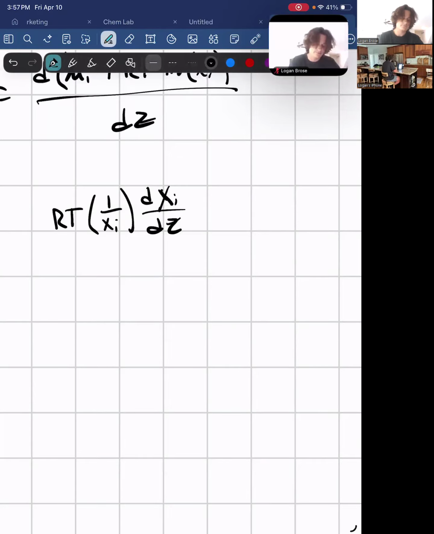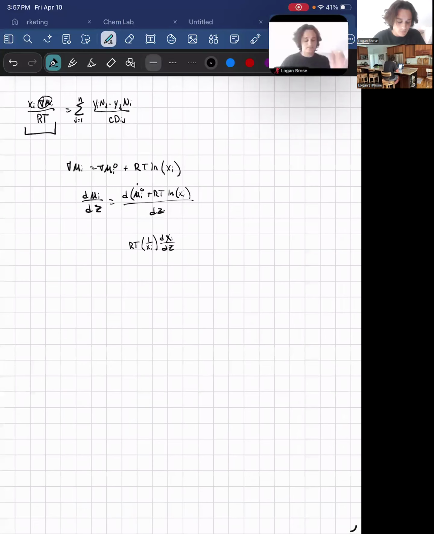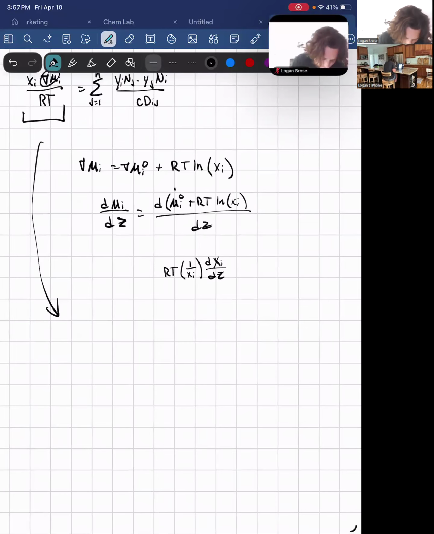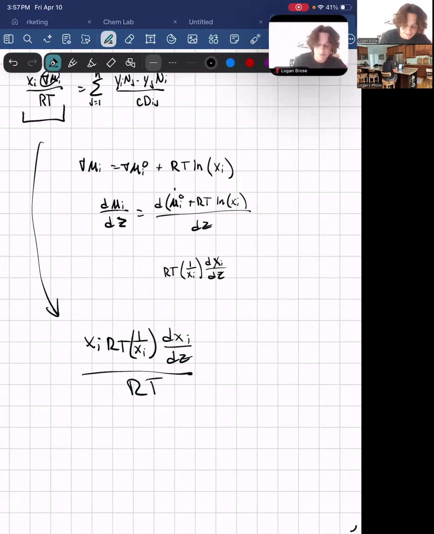And so when we do this, we can plug this back into this equation. And so we'll get xi RT 1 over xi dxi dz all over RT, right? We look at this, that cancels, this cancels.